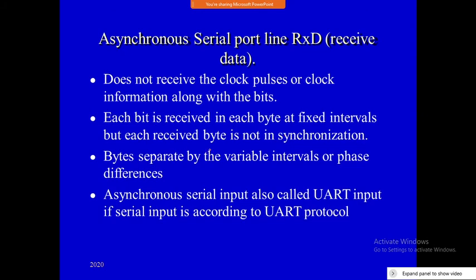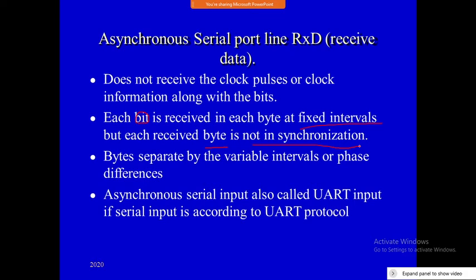Each bit in each byte is received at a fixed interval. The bits will be sent at fixed intervals, but bytes are not synchronized. Within each byte, the data will be transferred in 1 second per bit.